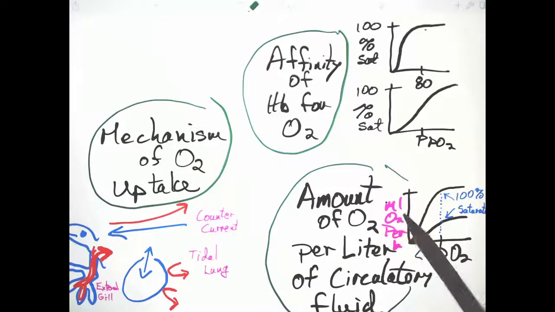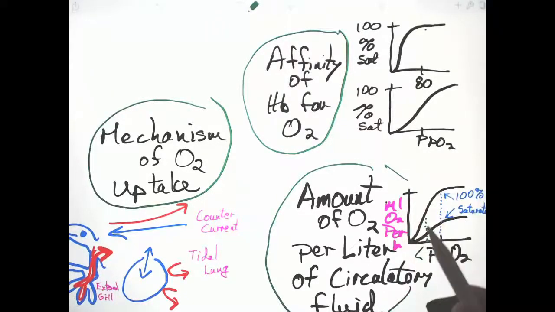Third, the amount of oxygen per liter, in which you might have identical hemoglobin, so these could be exactly the same hemoglobin, with the same curve. Notice that they're nearly 100% saturated here at perhaps 80 millimeters of mercury. Both are 100% saturated. Both have lost about half of their hemoglobin at something like 40.